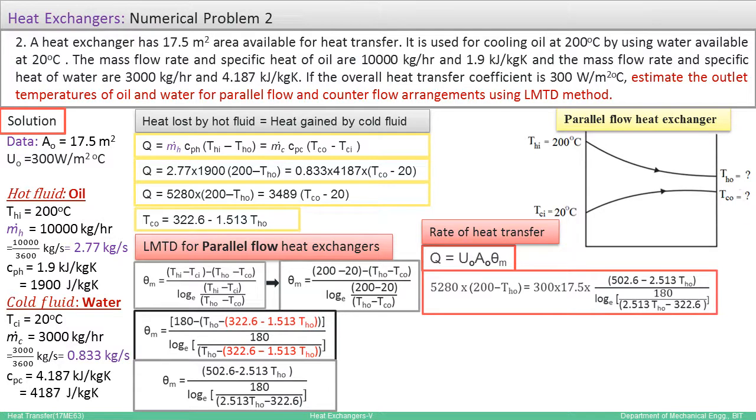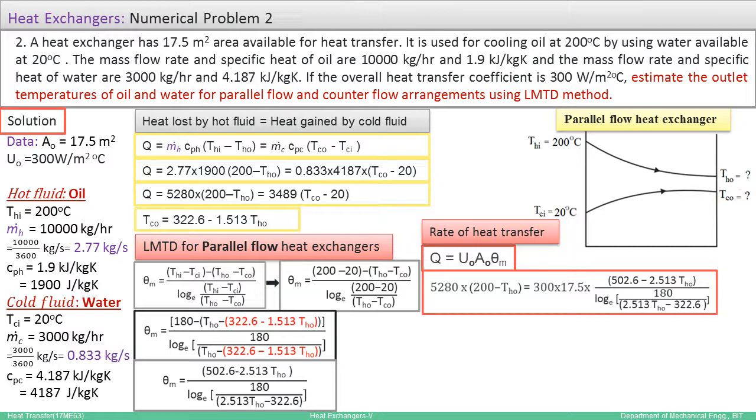In doing so, we have the expression for Q which I expressed earlier for heat lost by the hot fluid, and that is equated to U naught A naught theta m, with theta m substituted there. A naught is given, U naught is also given, and in the whole equation the only unknown here is THO.